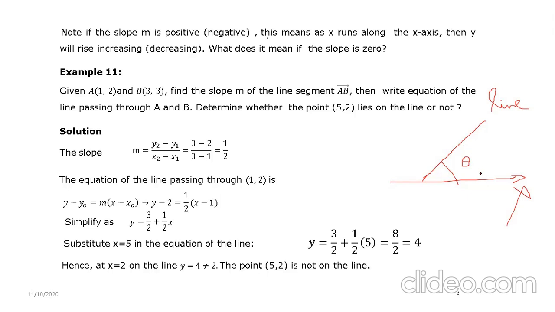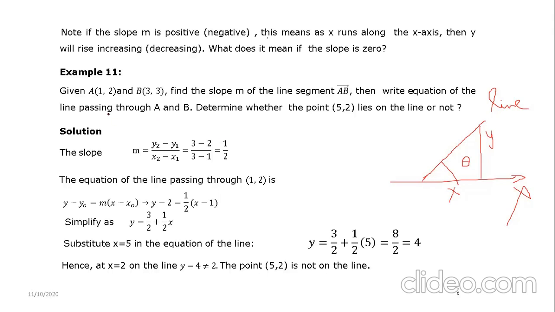The tangent of this angle is the slope. You can get its value by dividing the y value by the x value. To get y, you subtract the values of y in both points, and divide by the difference of x values between the two points.